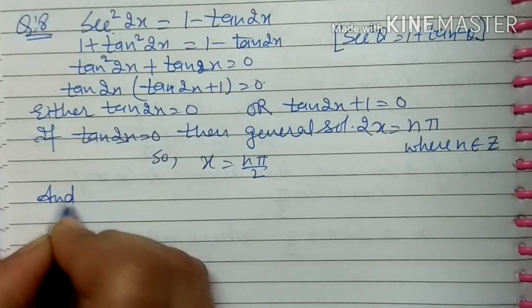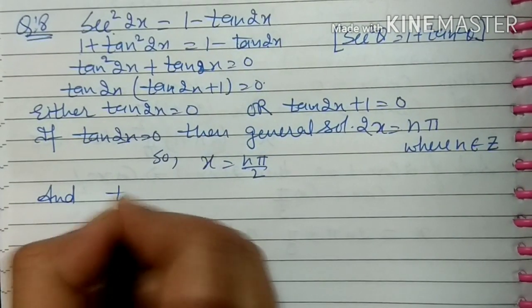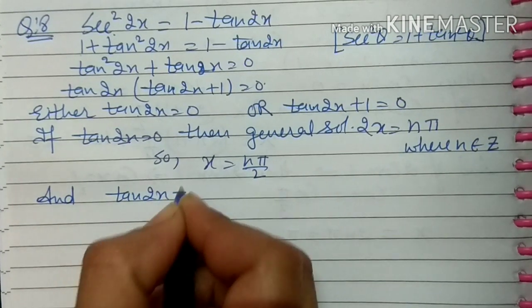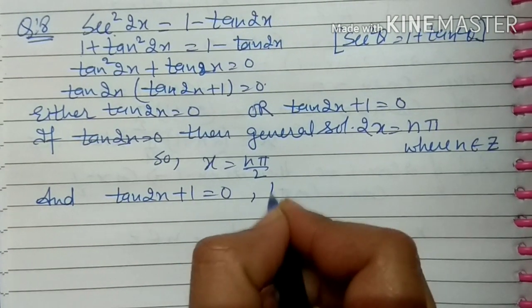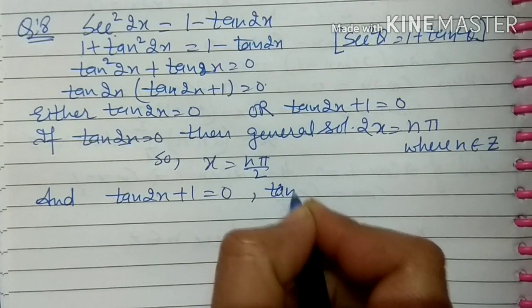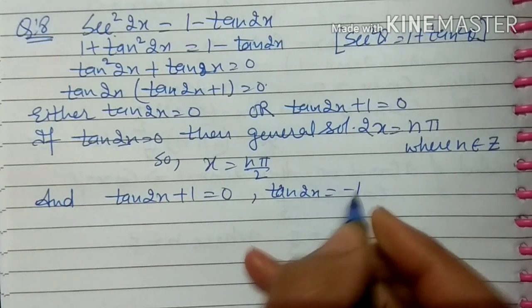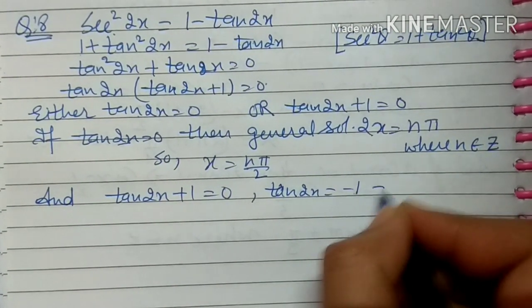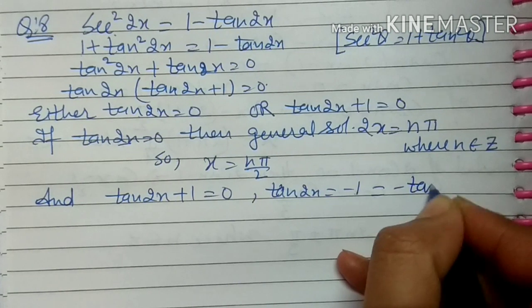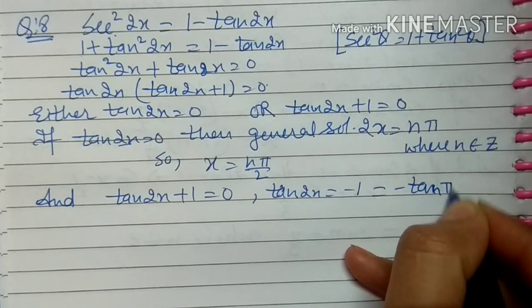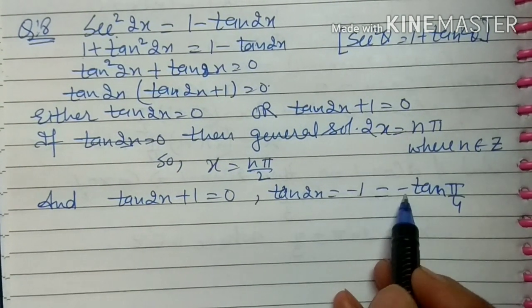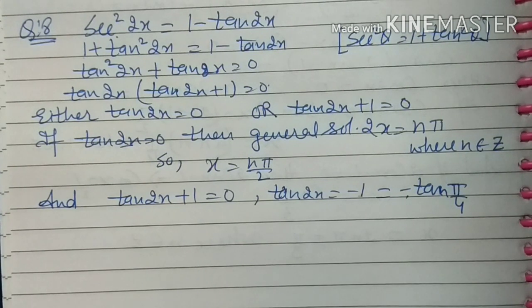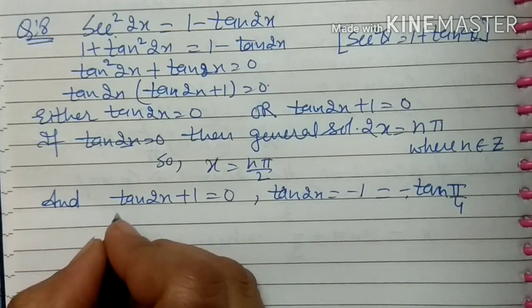Now we are solving it. If tan 2x plus 1 equals 0, then tan 2x equals minus 1, and the value of tan 1 is at tan of pi by 4. It is negative, and tan is negative in the second quadrant, so we are shifting it to the second quadrant.